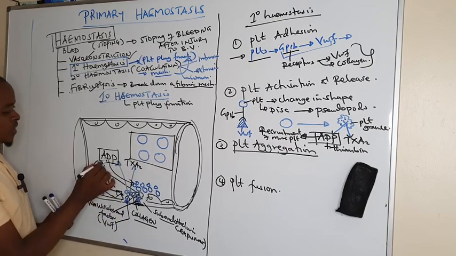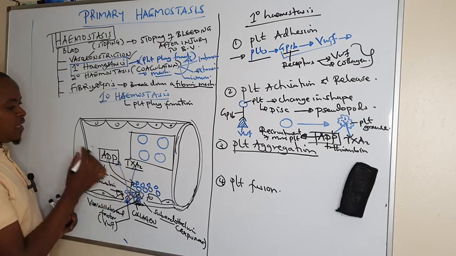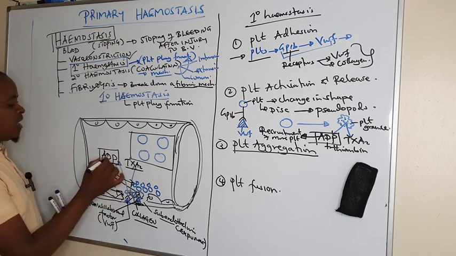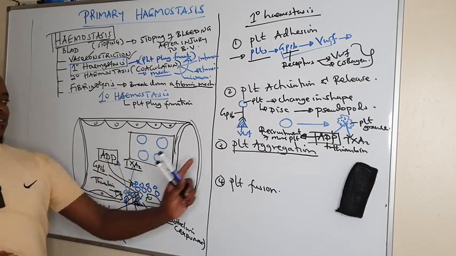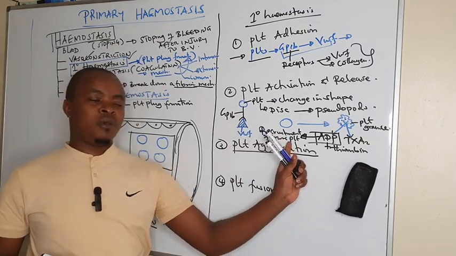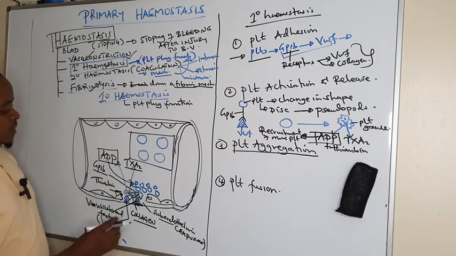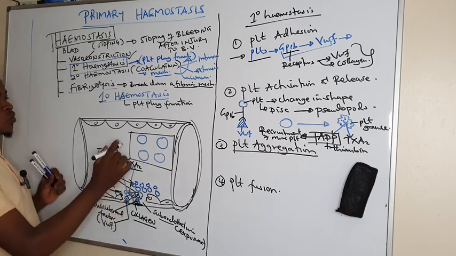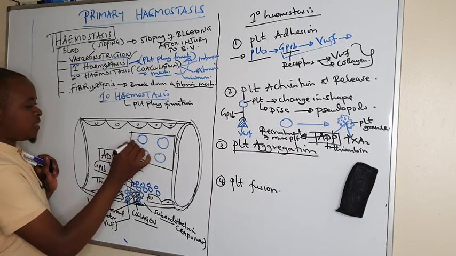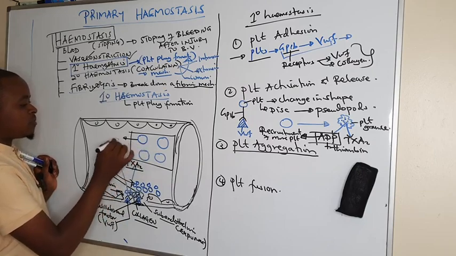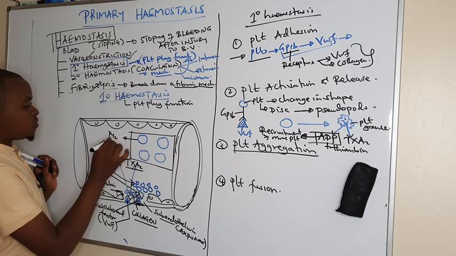After producing ADP and thromboxane A2, this ADP, apart from causing recruitment of many platelets at the injured site, is also going to attach on its receptors. It has its receptors called P2Y receptors.